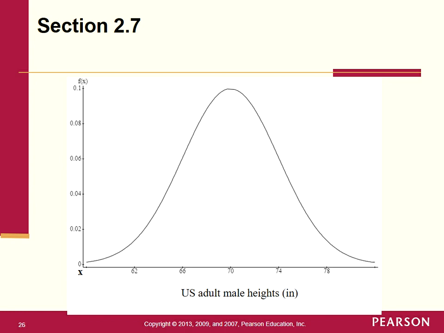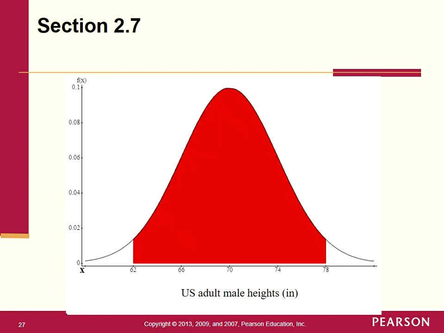That would take us to 62. We would draw lines right there. And the area shaded in red is about 95% of the data. So what that's telling us is that about 95% of all U.S. adult males is going to have a height between what? 62 inches and 78. So that's the second part of the empirical rule.